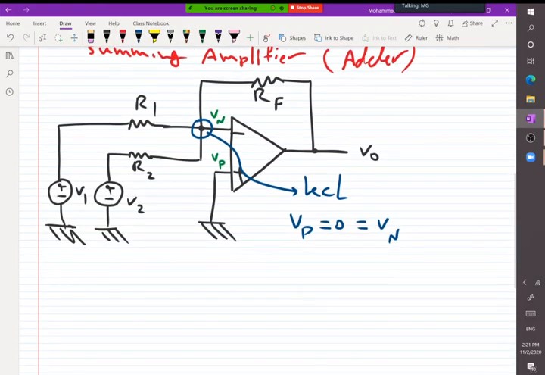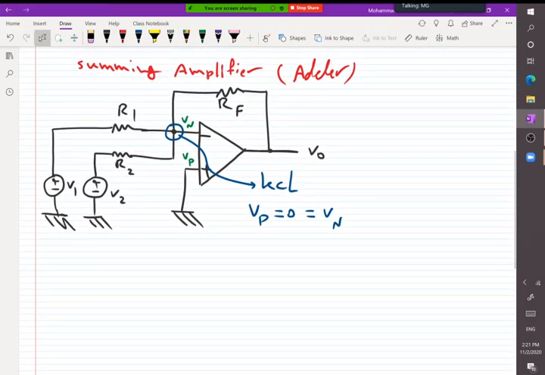So let's write KCL for Vn. So we can say Vn minus V1 over R1. What is Vn minus V1 over R1? It's like the current leaving Vn toward V1. So we have one current here, and one current going to the amplifier.